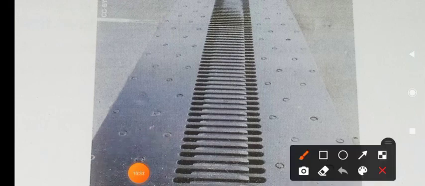Similarly in bridges also, you might have noticed a small gap between them. Why? Because of thermal expansion. Due to the hot sun, they will expand and shrink, so that the gap can overcome that expansion process.